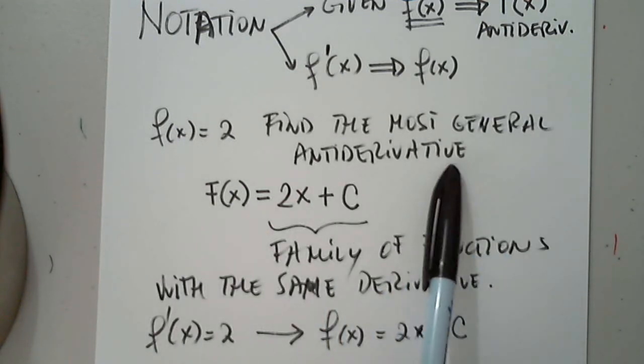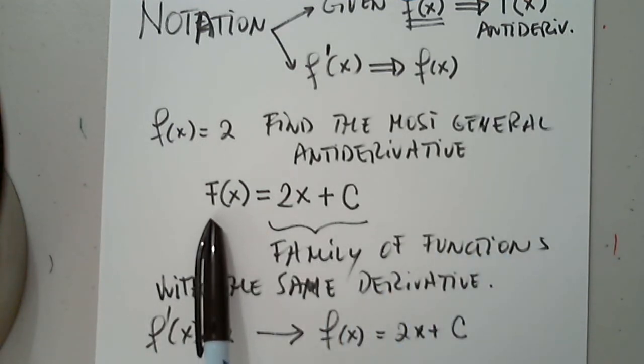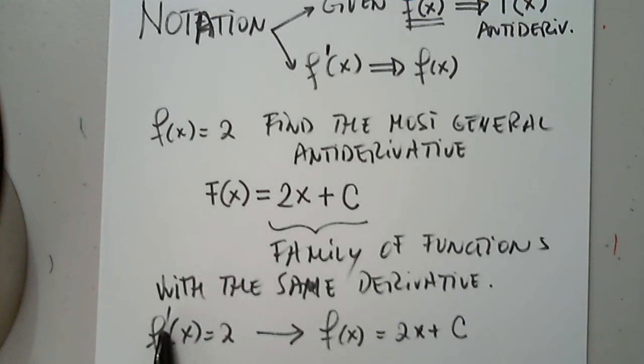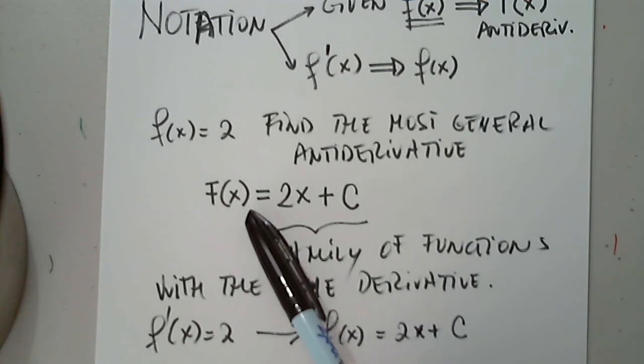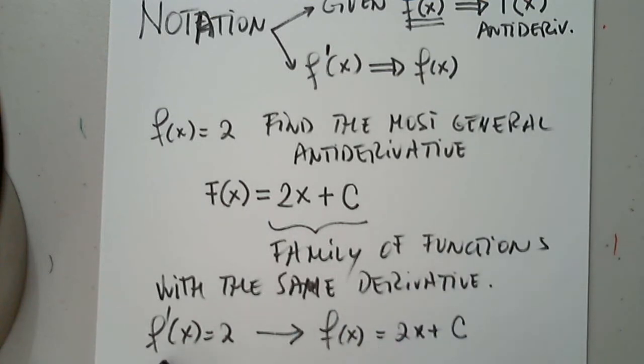I'm asked to find the most general antiderivative. I will use uppercase F of x. If I'm given the notation f prime equals 2, I have to use f of x equals 2x plus c. And this will come into play a little bit later.